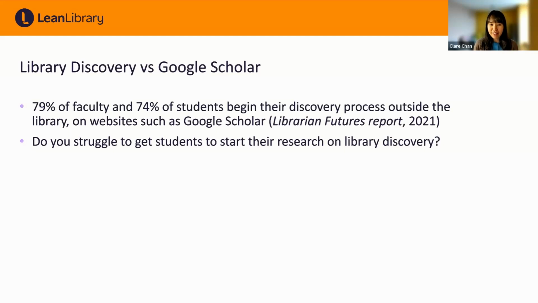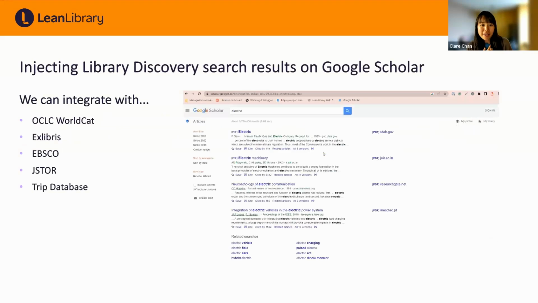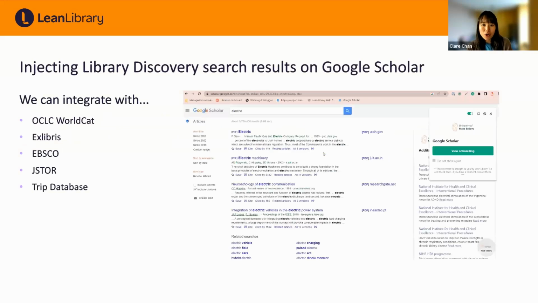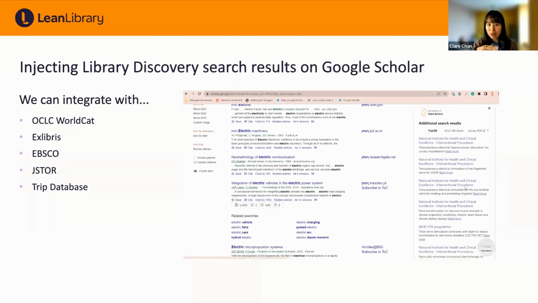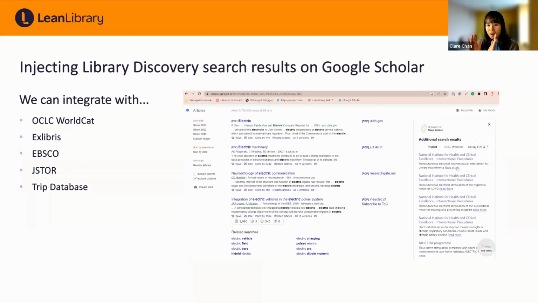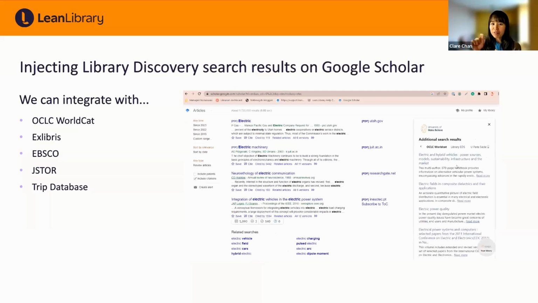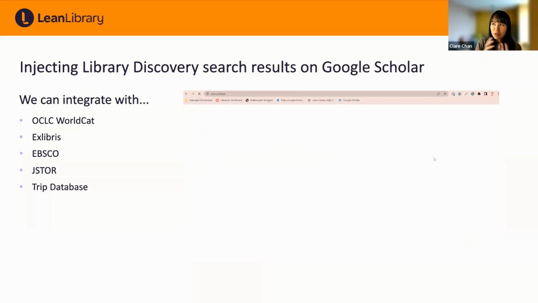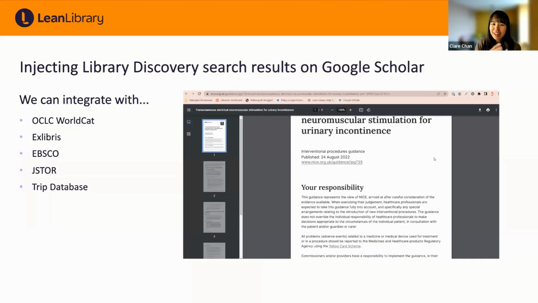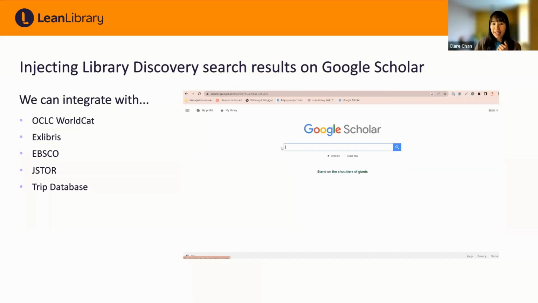We have this very cool integration that I personally like a lot. When you are doing your research on Google Scholar, obviously you see the results, and as you can see from the GIF, there are results from Google Scholar, but on the right-hand side you see this widget where you can change tabs to see different discovery content, giving you in parallel the results pulled from your library discovery.